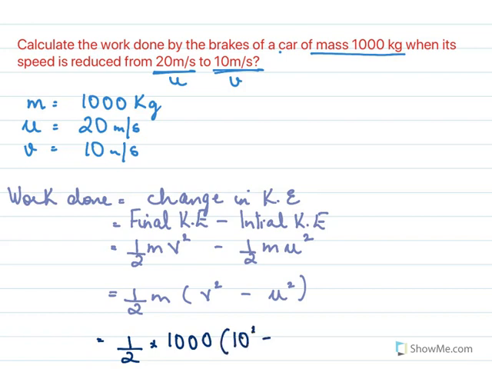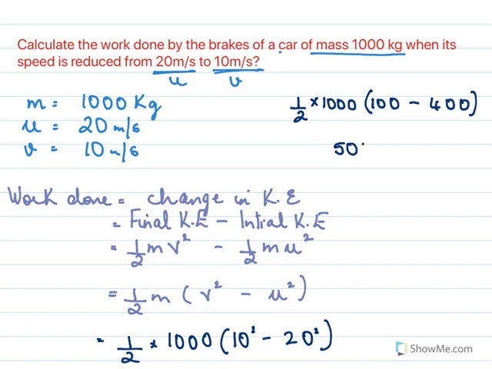V square is 10 square, u square is 20 square. So half into 1000, 10 square is 100, 20 square is 400. So this cancels here and I get 1000 divided by 2 is 500. 100 minus 400 is minus 300.